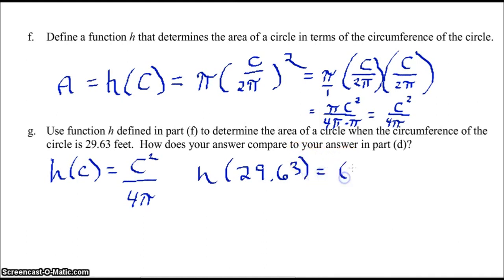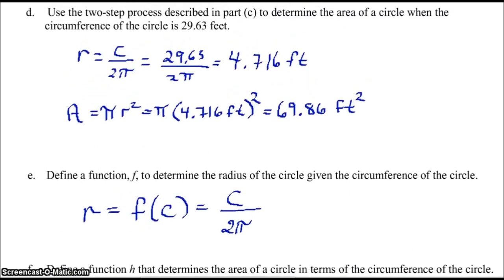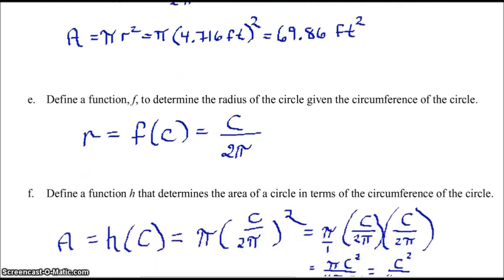And this is 29.63 squared over 4 pi, and using our calculator, we get 69.86 feet squared, which was the same value that we got up here in part D.